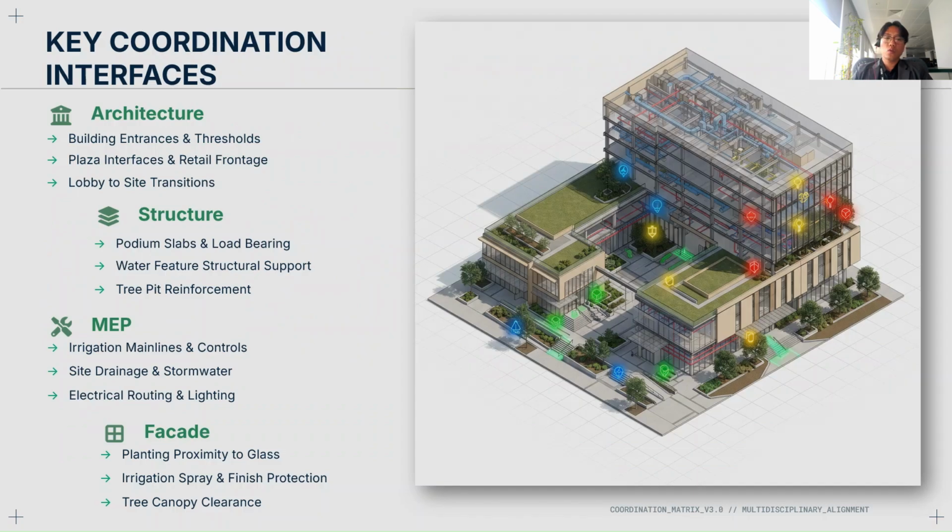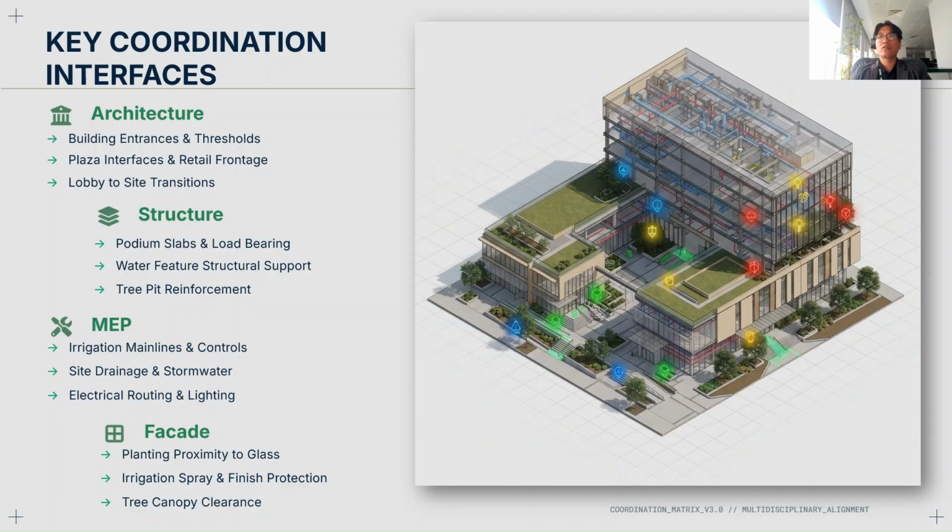We can also segregate them based on the discipline. For example, the building entrance and threshold fall under coordination with the architect discipline, including the plaza interface, retail frontage, lobby to outside transitions, and the transition from the facade to the outdoor landscape.